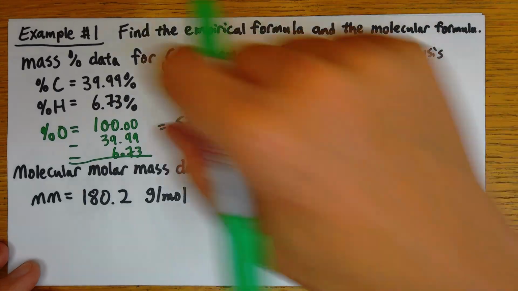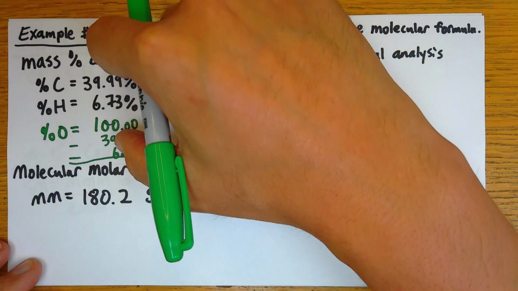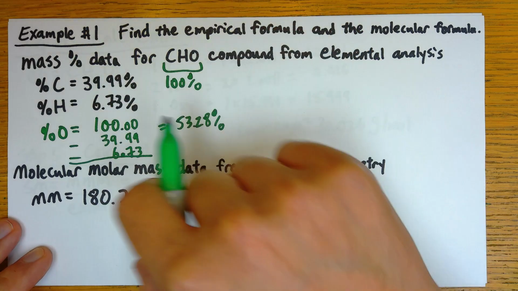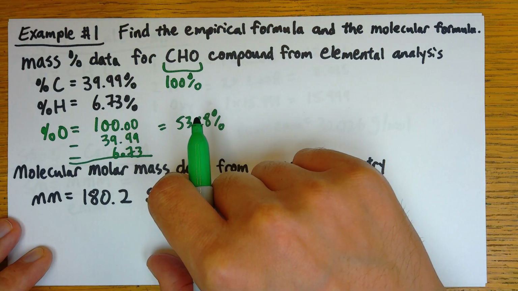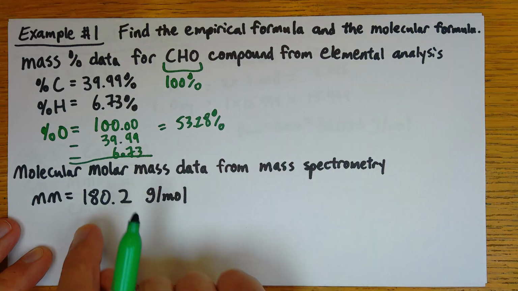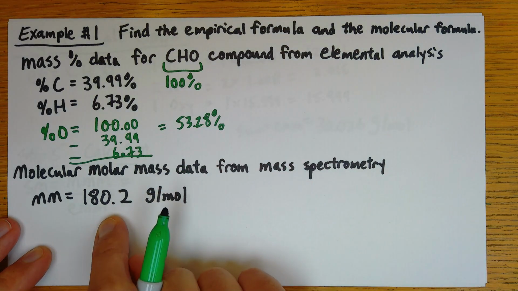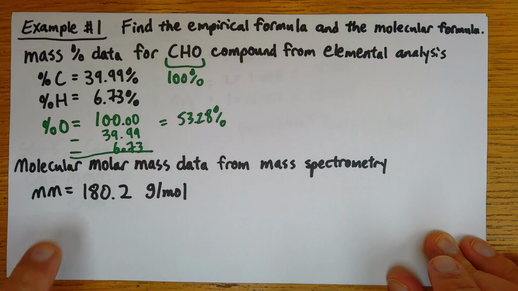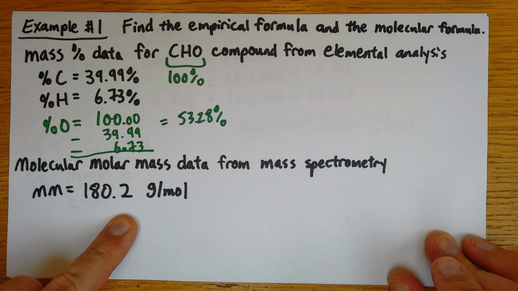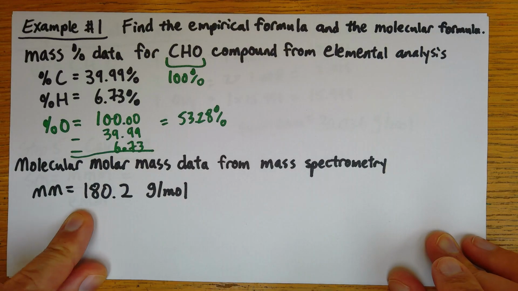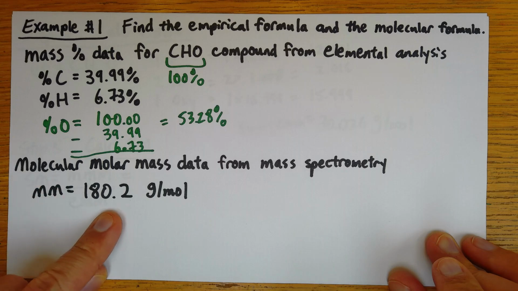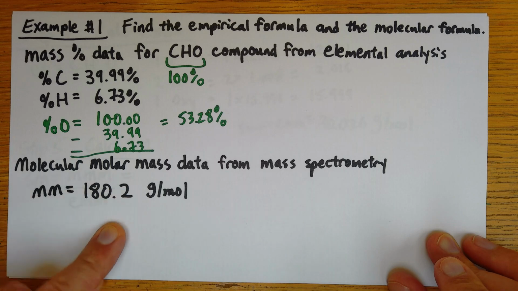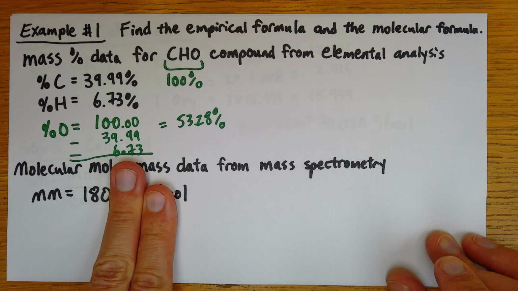Remember, mass percent data is for empirical formulas. The molecular molar mass is for molecular formulas. And they gave us 180.2 grams per mole. It's common in many chemistry problems that they'll give you a molar mass for the molecule that isn't super precise.